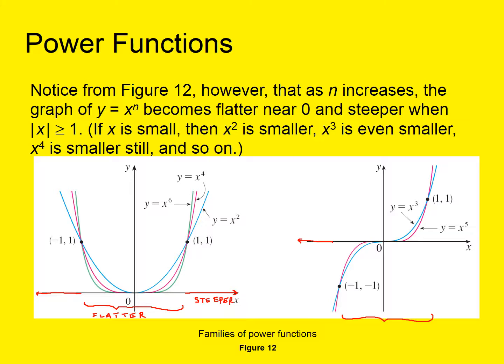Let's let x be 1/2, so x is 0.5. Then x squared is half of a half, which is a quarter. X cubed is even smaller, 1/8. And x to the fourth, which is this red one here, is smaller still, 1/16.